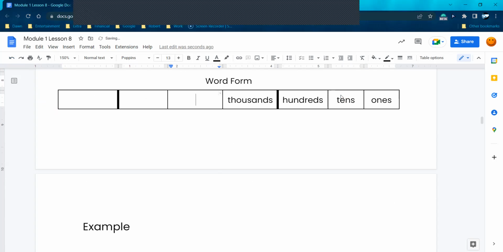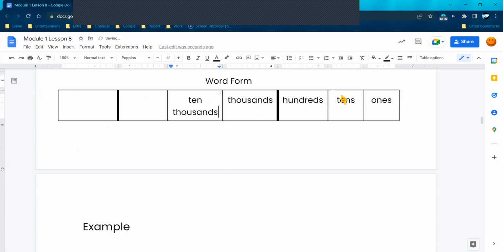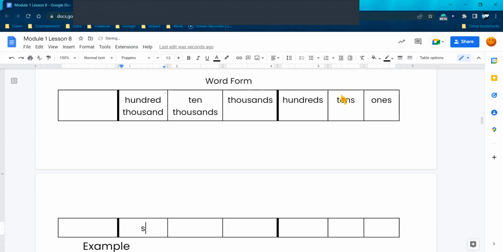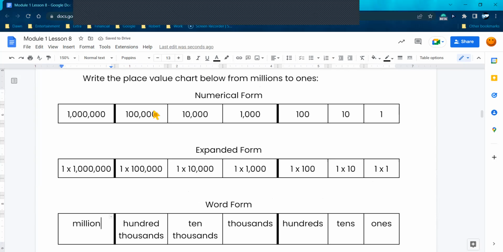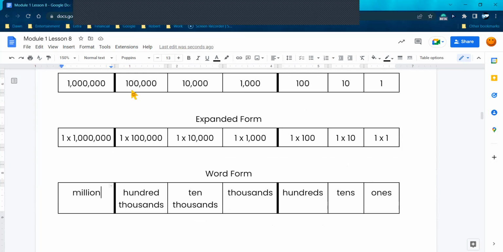Thousands. 10 thousands. 100 thousands, and then 1,000,000. I'm just going to move this over just a little bit. And that is how we're doing this place value chart. It's really important we know what the numerical numbers look like, the expanded form, and the word form.